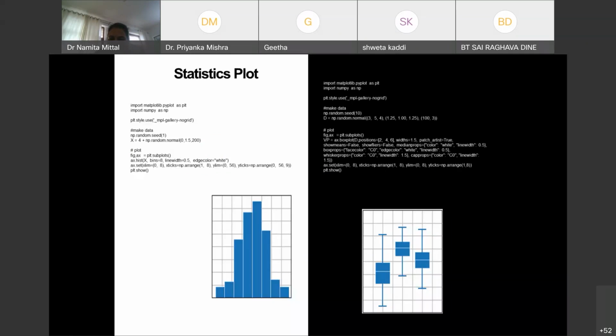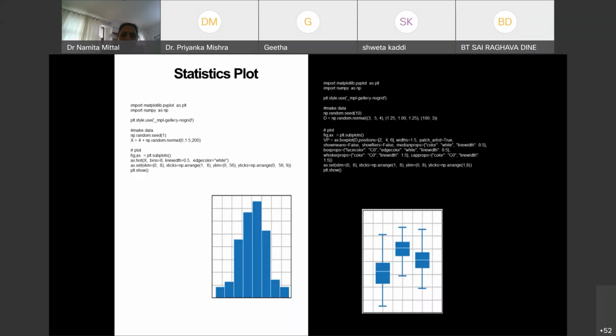So people getting marks from 0 to 10 is the first bar. This is a frequency. 5 people got 0 to 10, 6 people got 10 to 20, 16 people got 20 to 30, 36 people got 30 to 40, 60 people got 40 to 50. This is a histogram, right? So this is how we are plotting it.